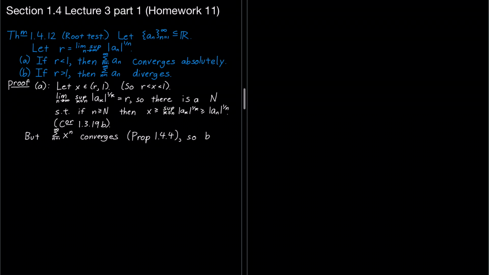So by the comparison test, notice that this up here means that x to the n is greater than, taking both sides to the nth power, the absolute value of a_n. So by the comparison test, the geometric series, the sum of x to the n, converges, and so the sum of the a_n's must also converge.